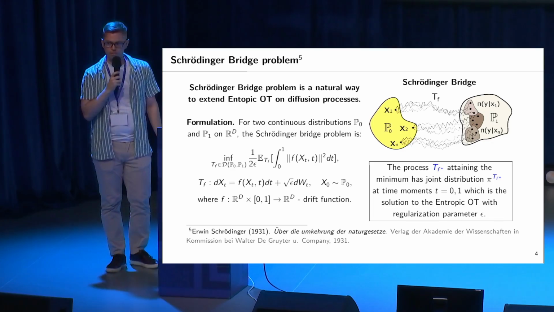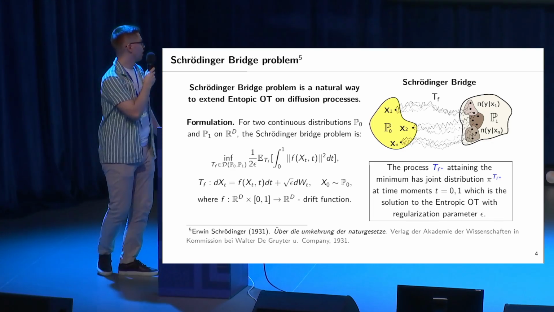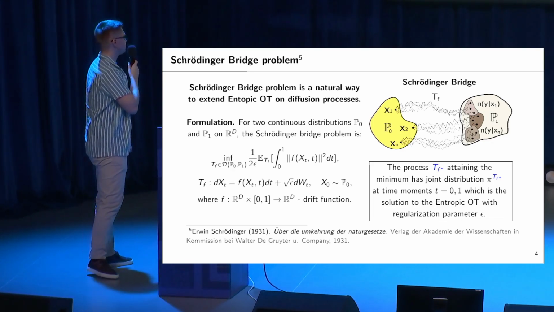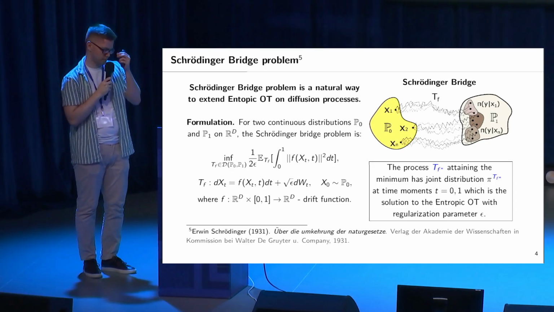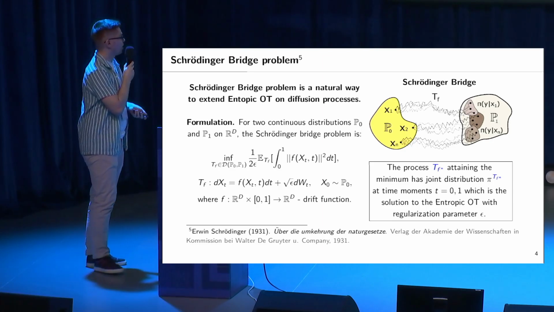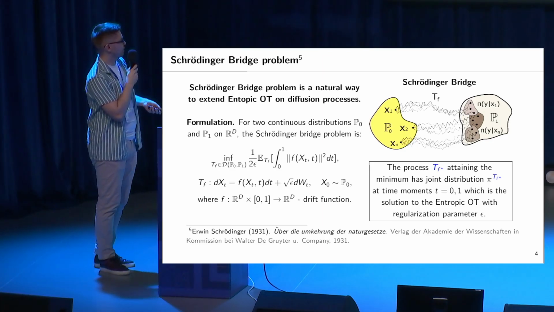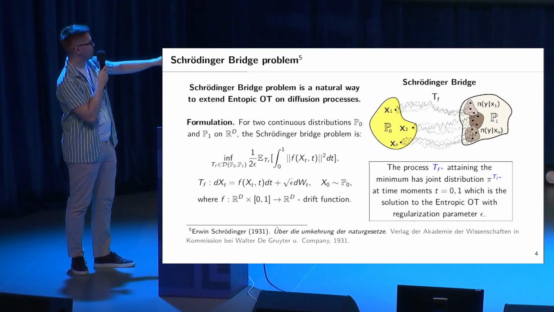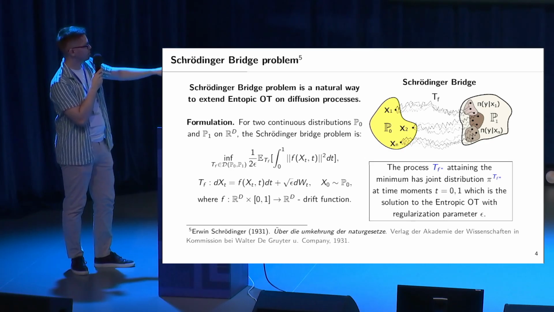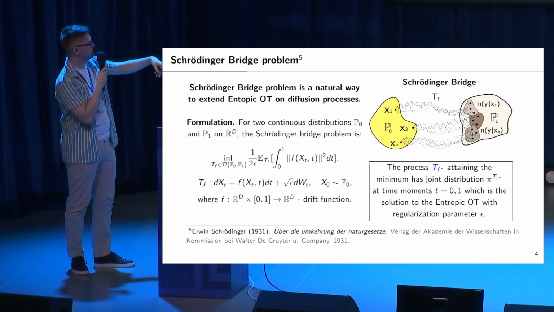So what is the joint distribution of, so it is called the process TF, attaining the minimum has joint distribution P. What do you mean by joint distribution here? I mean that we have some diffusion TF and we can take object X1 and map it by diffusion TF.